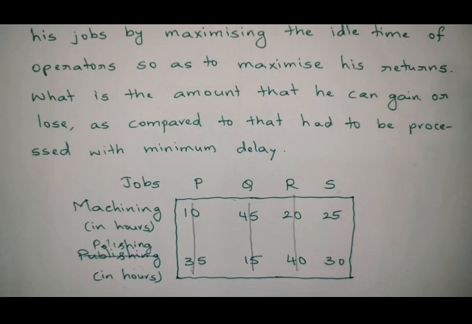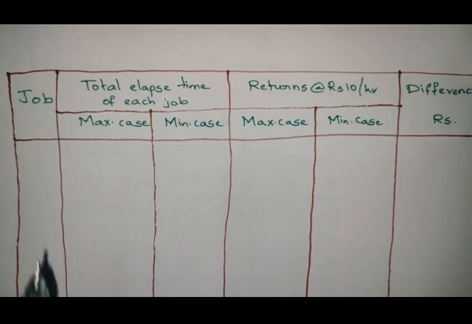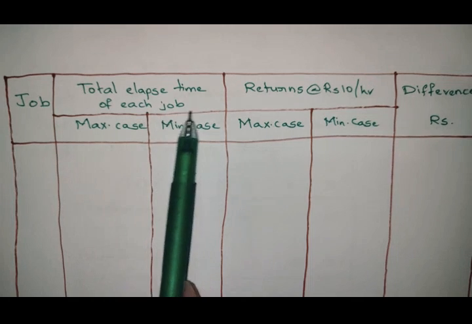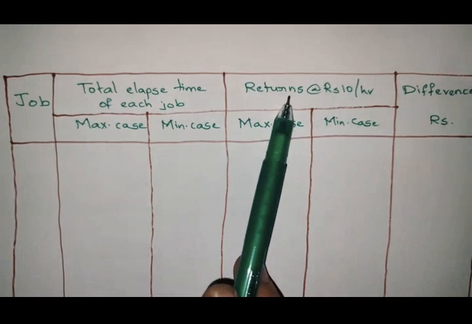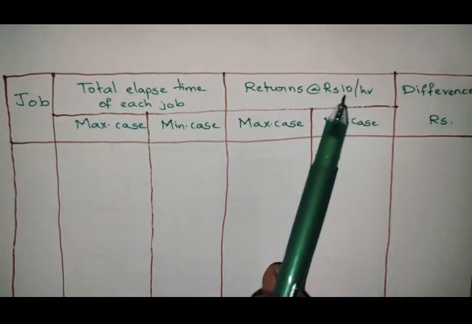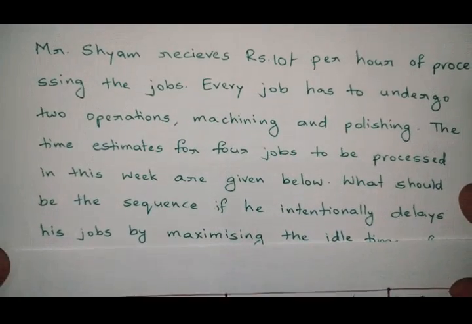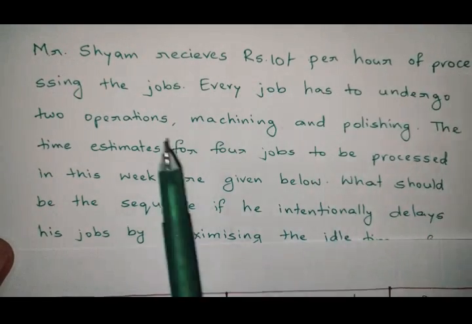In order to find that, I have formed a table. The table is this: job, total elapsed time of each job in maximization case and minimization case, and next returns at 10 rupees per hour. In the problem itself, the data is given: Mr. Sham receives 10 rupees per hour of processing the jobs.